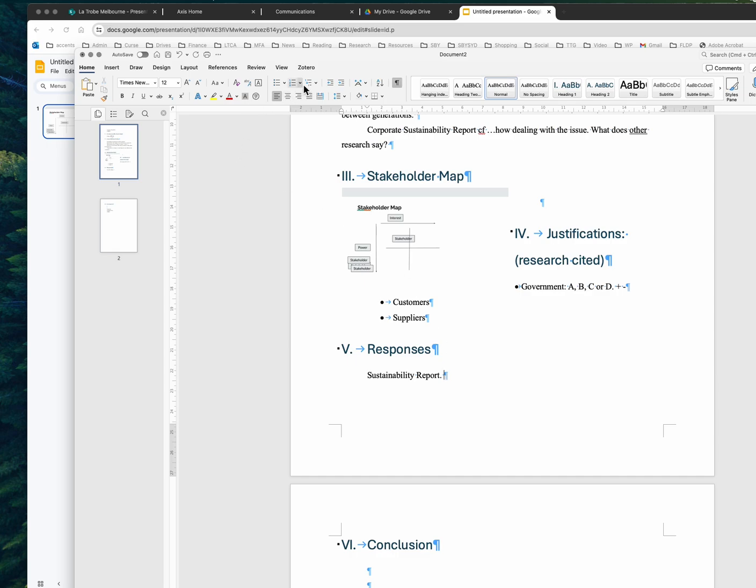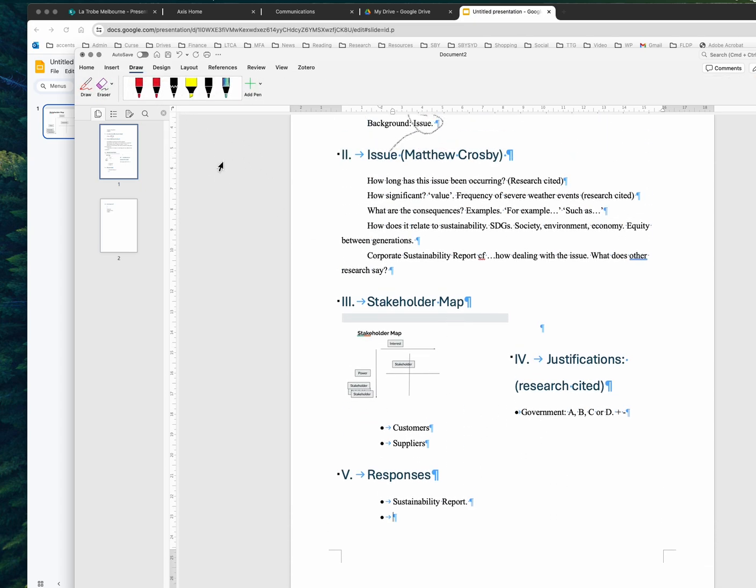And I guess it would be possible to use dot points for this. So response number 1, response number 2. And these are going to relate directly to, there's going to be a relationship between a response and a specific stakeholder that you're talking about.